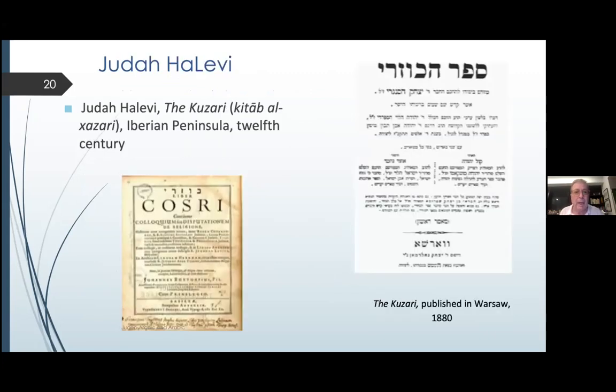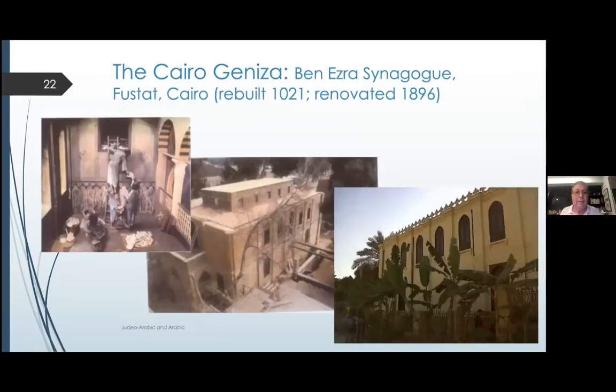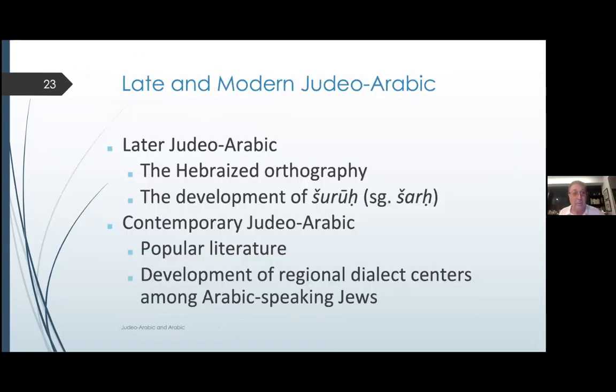And then we have Yehuda Halevi, Kitab al-Khazari, or the Kuzari. And then we have Maimonides, of course, and Guide for the Perplexed, etc. Then I should mention the Cairo Geniza, where we have tons of stuff. It's a huge archive of Judeo-Arabic, all the way from the 8th century, all the way to the 19th century. And I can talk more about it in Q&A if people want me to. In late and modern Judeo-Arabic, we have the development of the shuruh that I mentioned before.